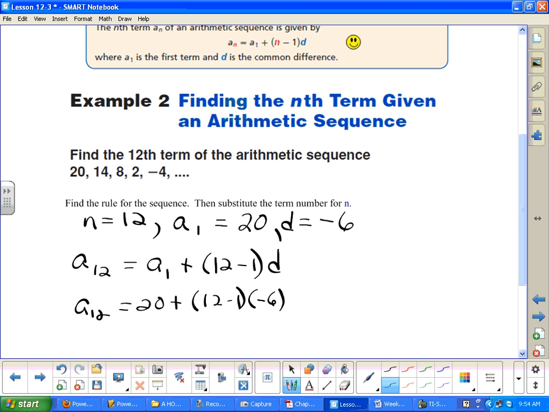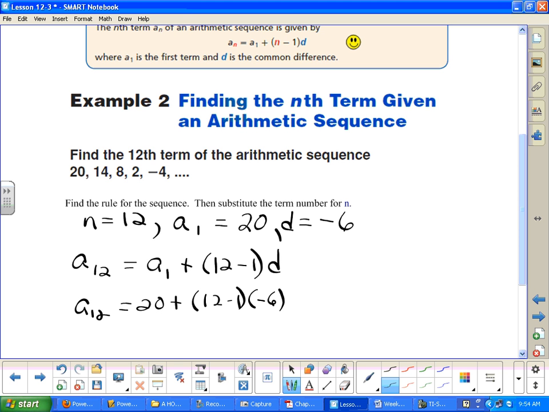Where would be a better place for that value of d to be? In front of the parentheses, because if you put minus 6 here and you don't put it in parentheses, it may look like you're supposed to subtract 6 instead of multiply it.